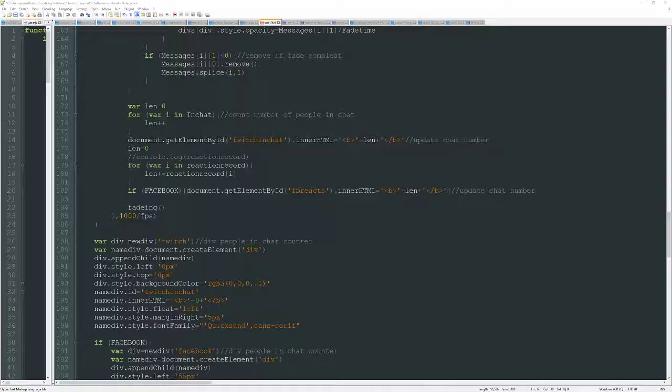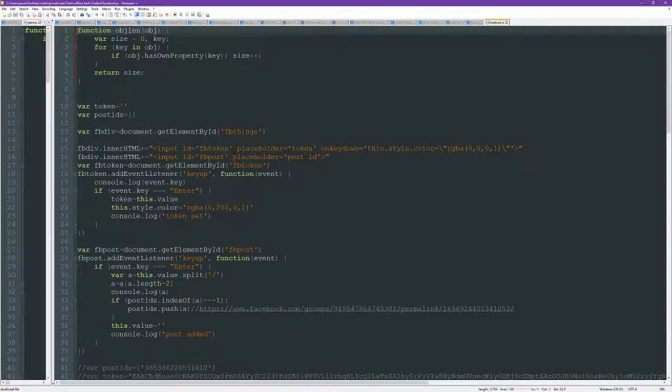Desktop. Over here, over there. There is the chatbot. And we're looking for Facebook. Oh. Yeah, this stuff.